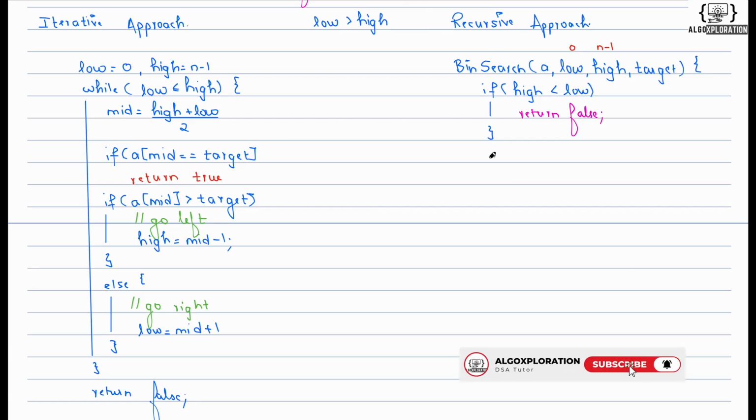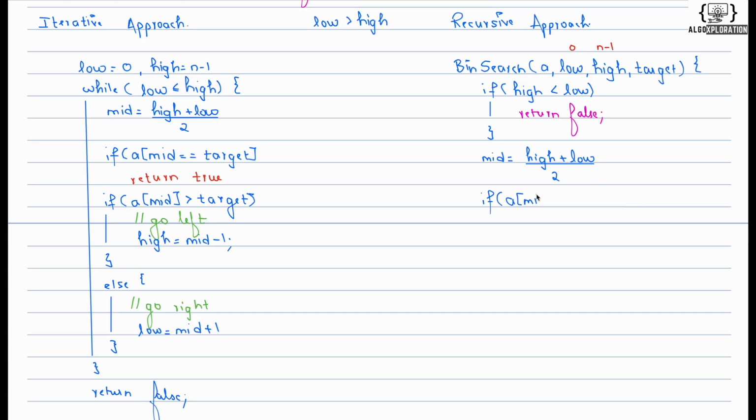If it is not, then the first step would be find the middle element. Mid will be high plus low whole divided by 2, right? Check if A of mid is equals to target. If that's the case, then we have to return true.